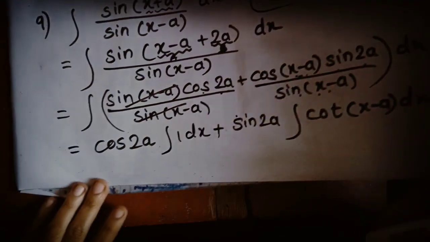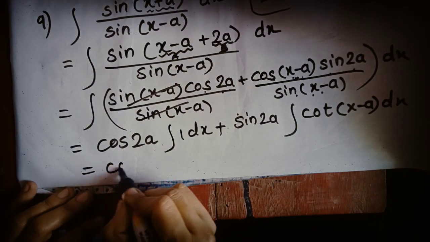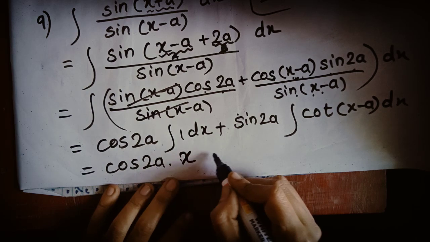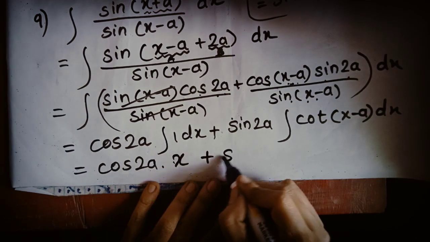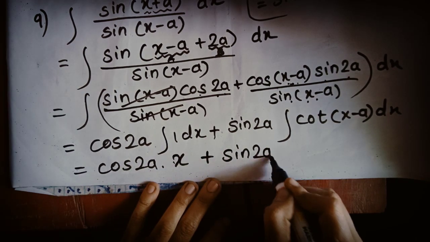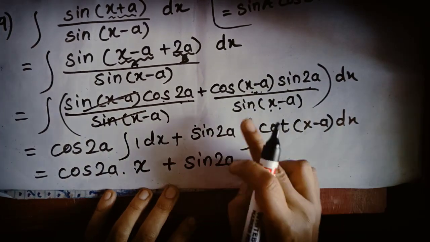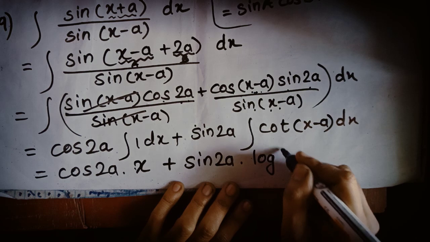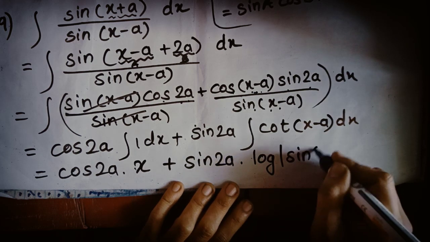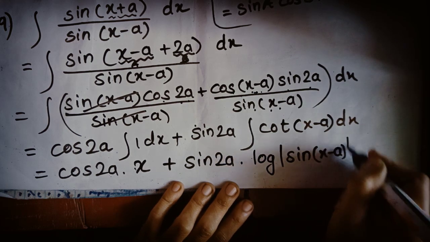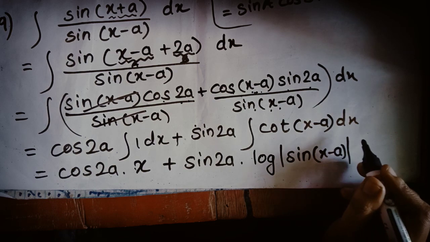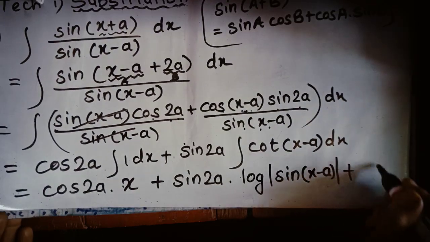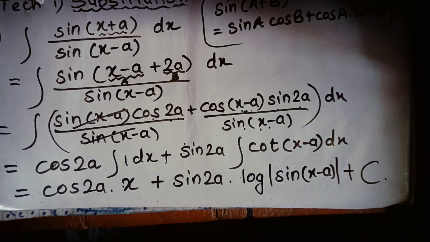So cos 2a into x, plus sin 2a into the integral of cot of x minus a, which is log of sin of x minus a, and the derivative of x minus a is 1, plus c. Okay.